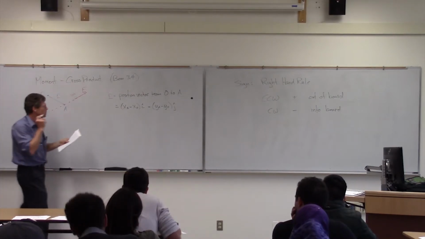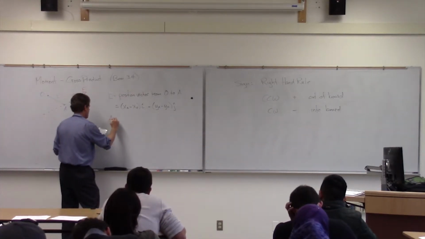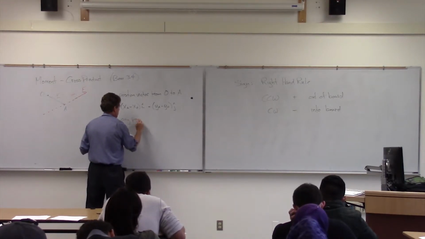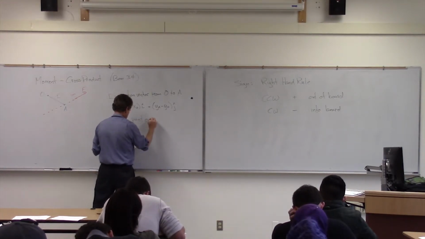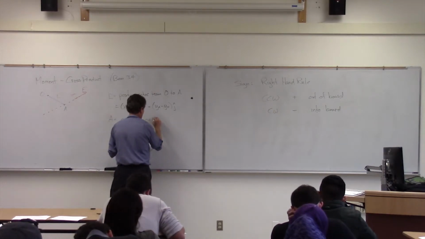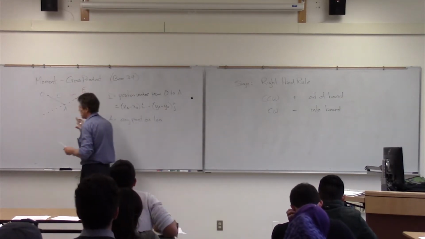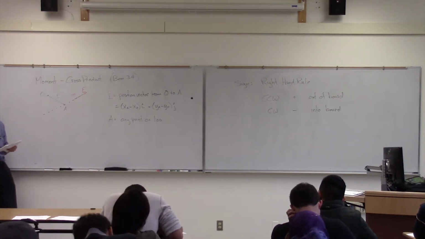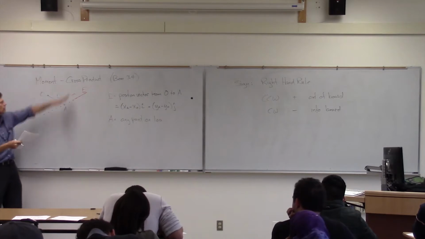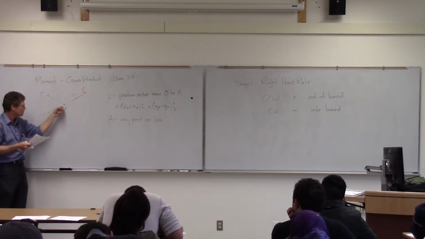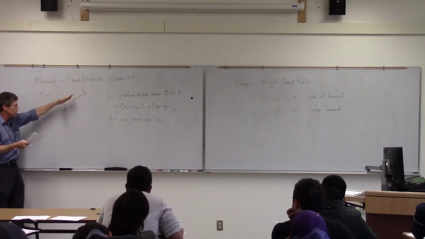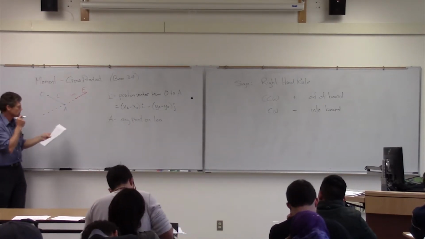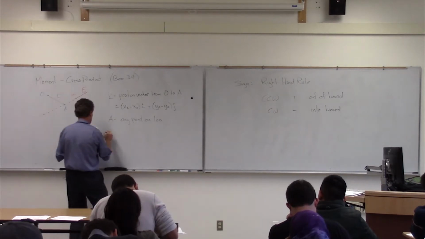And as I said before, A is just any point on the line of action. The force doesn't have to be anywhere near. It could be off here in space somewhere. But if I can define a point A that I know is acting along the line of action of that force, then I have the ability to solve for that.